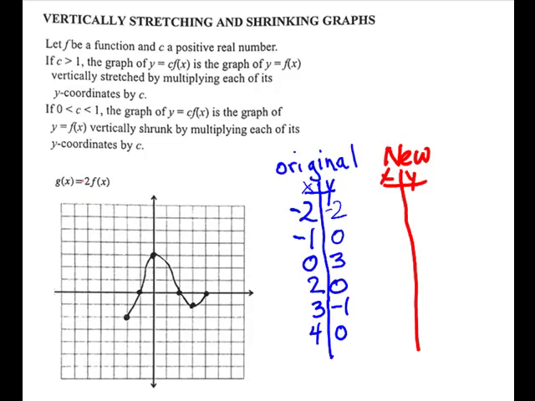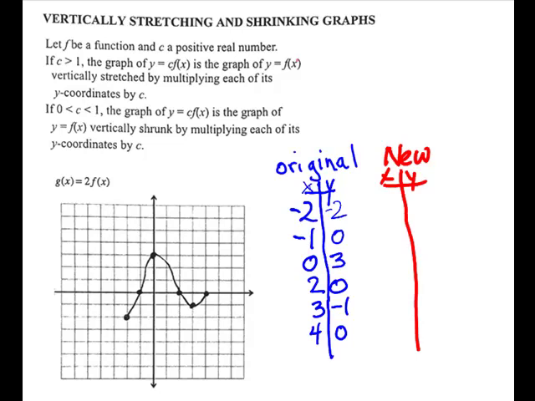If c is greater than 1, then the graph of y equals c times f of x is the graph of y equals f of x vertically stretched by multiplying each of its y coordinates by c, whatever this number is outside. If c is between 0 and 1, so it's a fraction, then the new graph is going to shrink by multiplying each of its y coordinates by c.